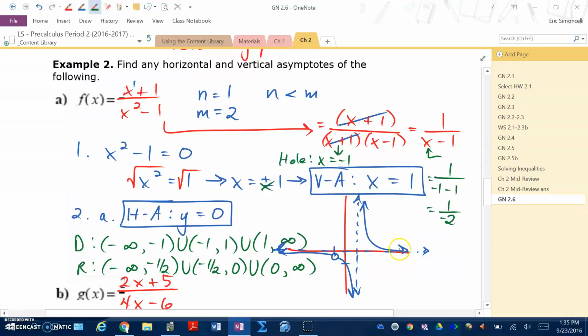Now there I'm looking at the curve on the far right upper corner, and that's going up to positive infinity. Let's move on to part B.